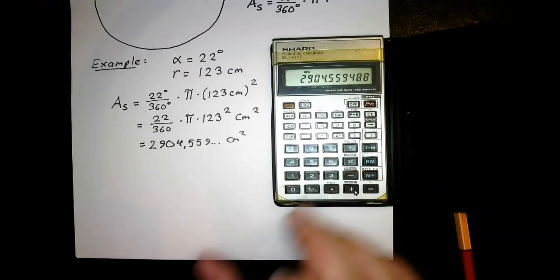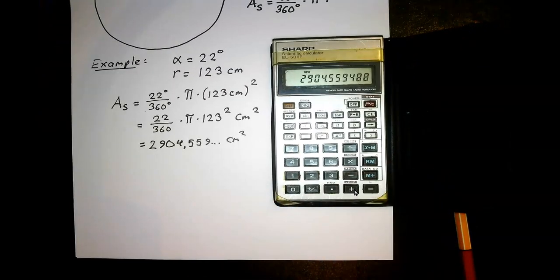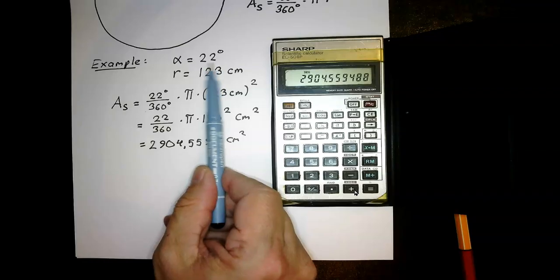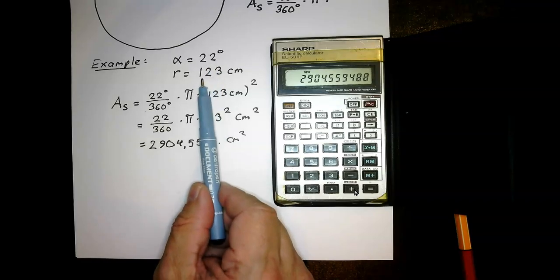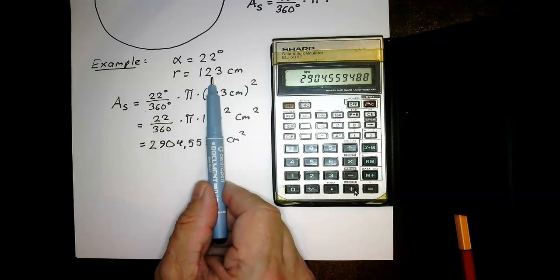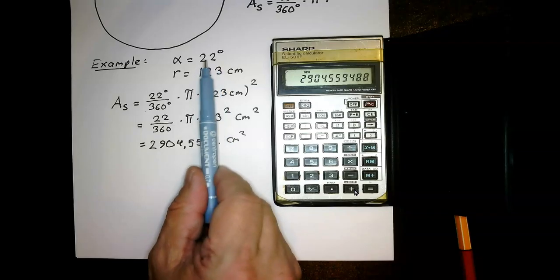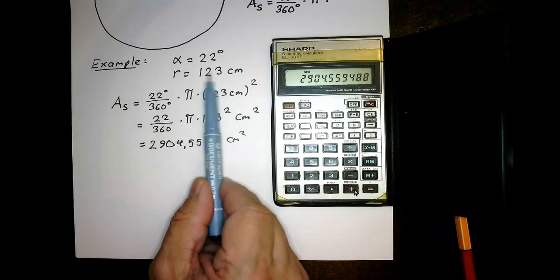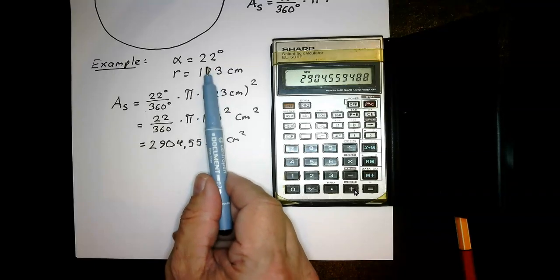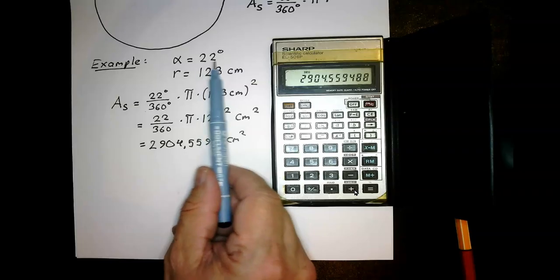If we round this to the correct accuracy, the starting values here are 22 degrees and 123 centimeters. So here there are only two numbers, 1, 2, and here are 1, 2, 3, three numbers. This is more inaccurate.